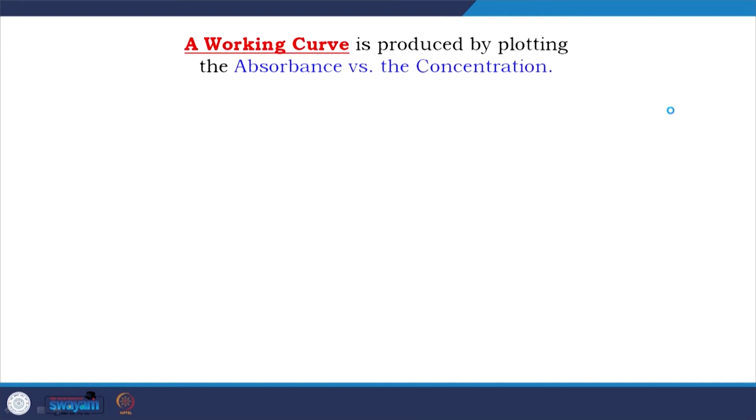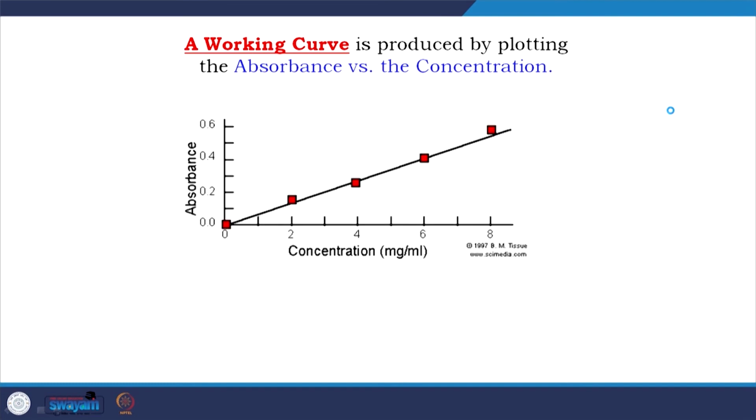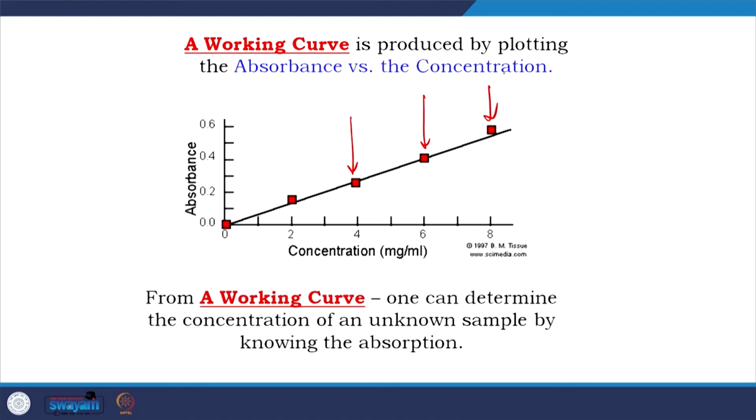A working curve is produced by plotting absorbance versus concentration. Here you see absorbance versus concentration, it is a straight line and from there you could get the required concentrations. From a working curve, one can determine the concentration of an unknown sample by knowing the absorption.